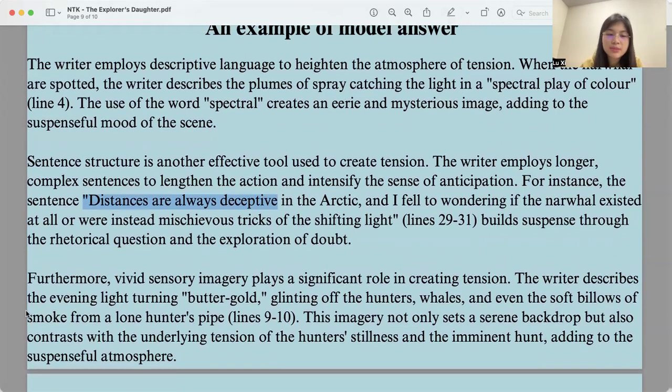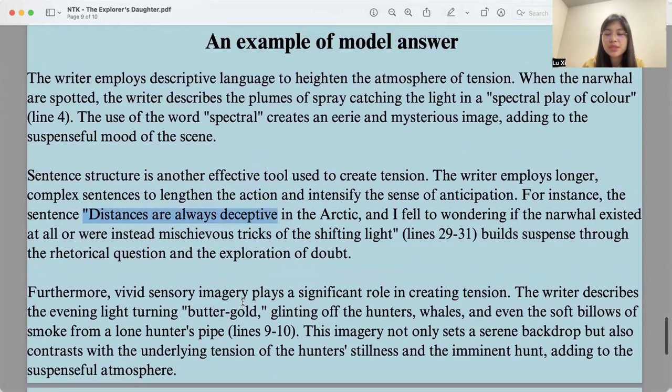The writer describes the evening light turning butter gold, glinting off the hunter's wells and even the soft billows of smoke from a lone hunter's pipe. This imagery not only sets a serene backdrop, but also contrasts with the underlying tension of the hunter's stillness and the imminent hunt, adding to the suspenseful atmosphere.